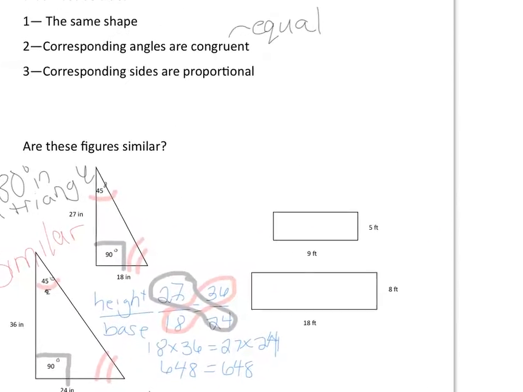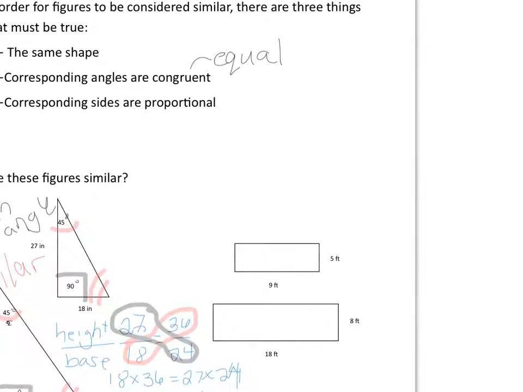Now let's take a look at the second one. We go through the same process. First thing we want to know is, are they the same shape? Yes, they are the same shape. They're both rectangles. Next we want to know, are their corresponding angles congruent? What that's saying is, does this angle match this angle?